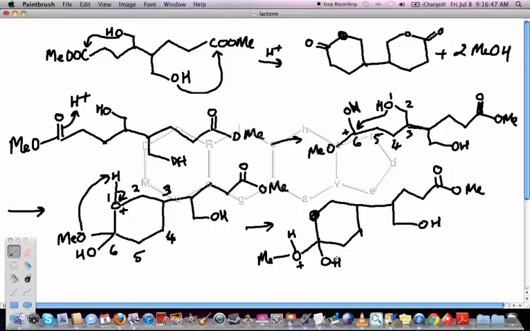And then we can reform the C double bond O and kick out the leaving group.